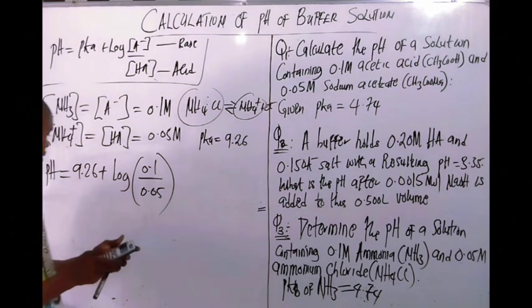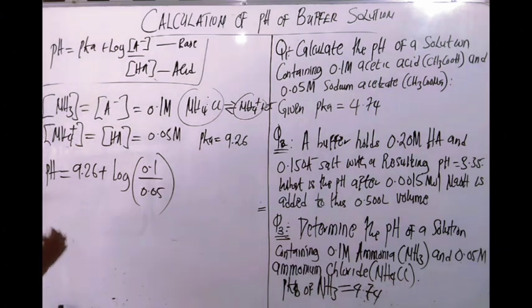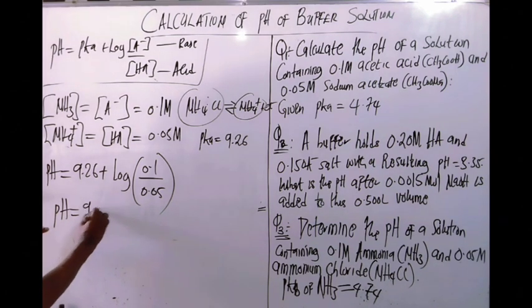So here we have 9.26 plus log of 0.1 divided by 0.05. So you're going to get pH equals 9.56. Do you understand? That is the answer.